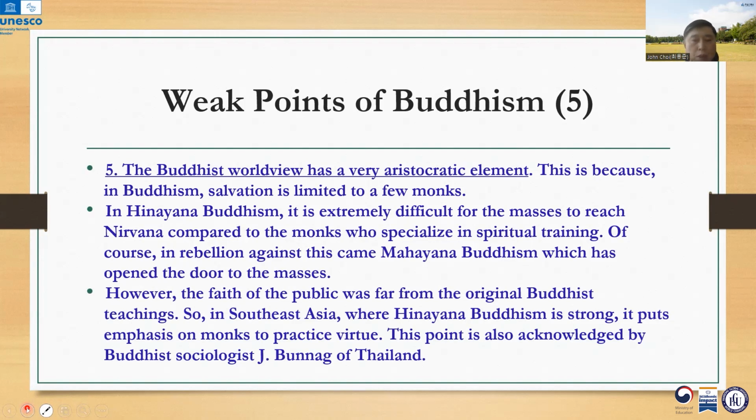So, in Southeast Asia, where Hinayana Buddhism is strong, it puts emphasis on monks to practice virtue. And this point is also acknowledged by Buddhist sociologist J. Bunak of Thailand.